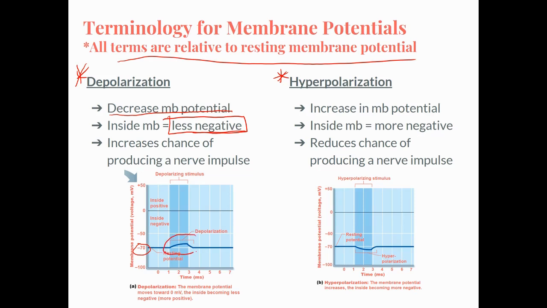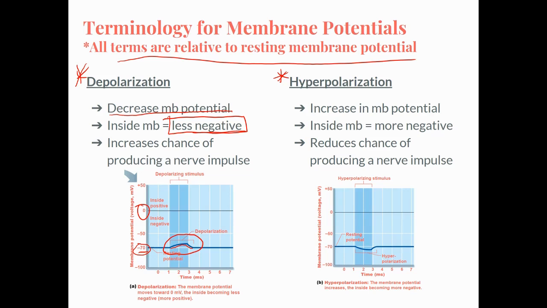You can see this curve going from negative 70 to maybe negative 65, so it's going towards 0. When it depolarizes, it becomes more positive or less negative.